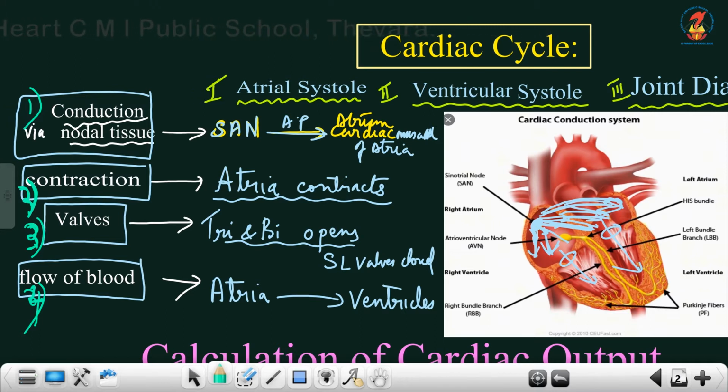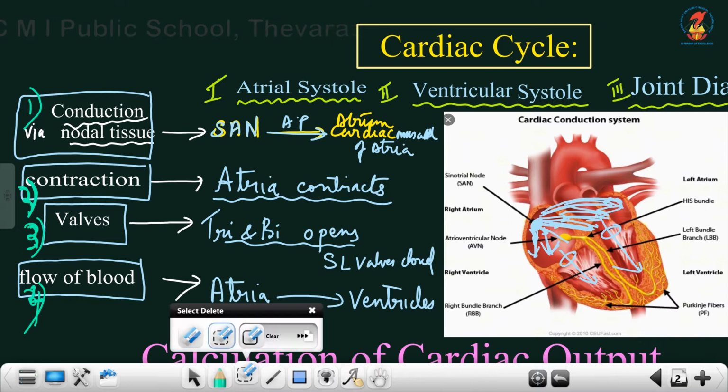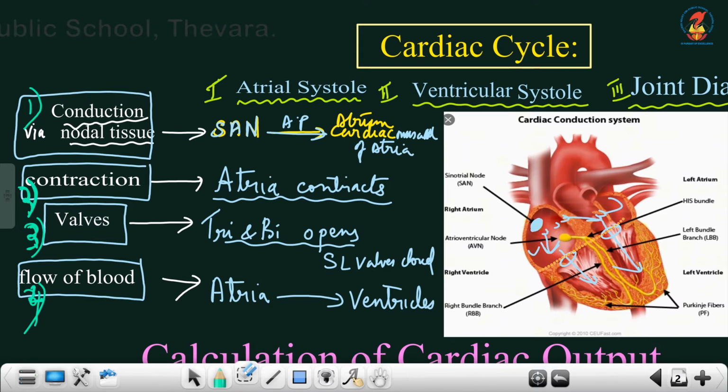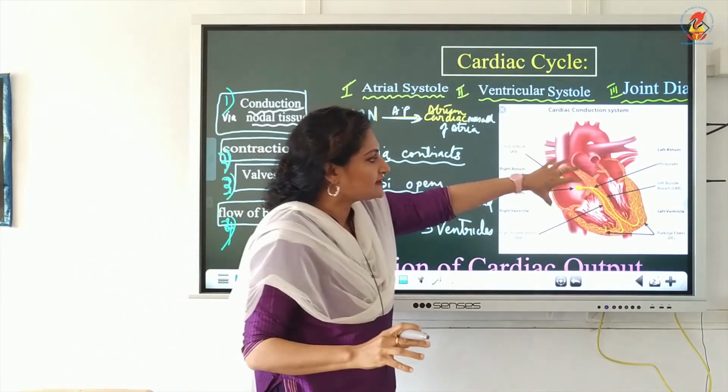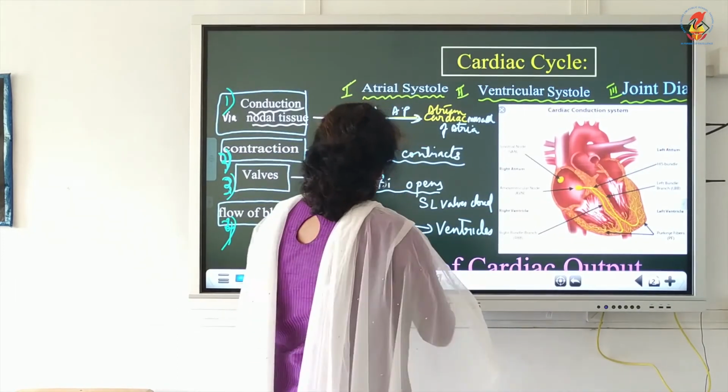So, once again I am going to describe the first phase, that is the atrial systole. So, you have to imagine, this should have a visual impact on you. You have to visualize the nodal tissue. So, let me start.